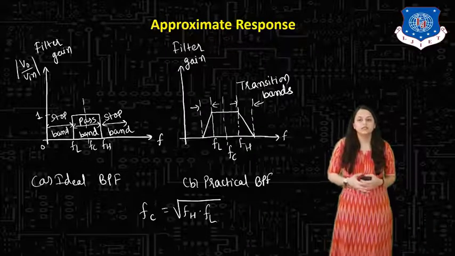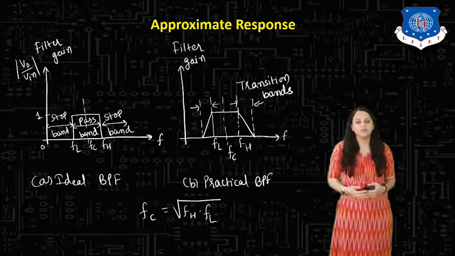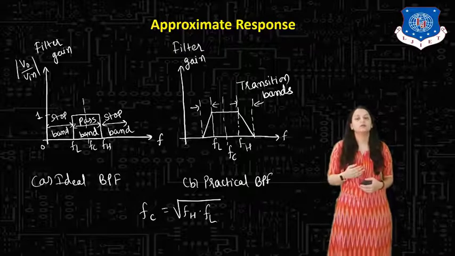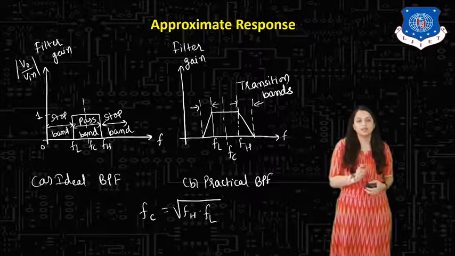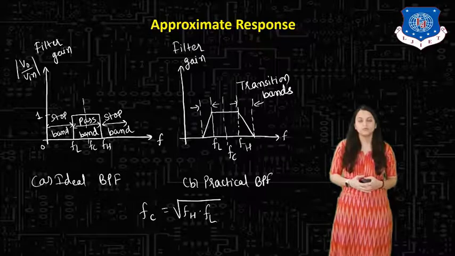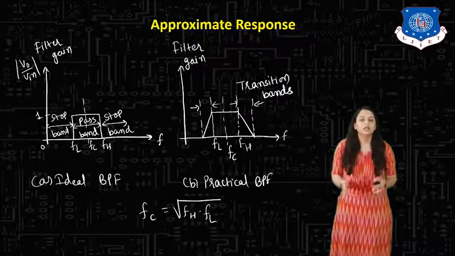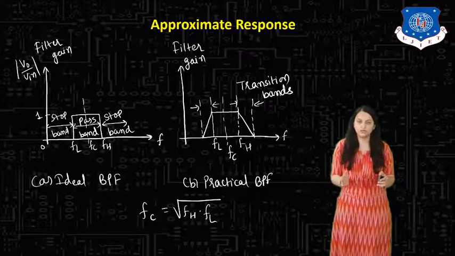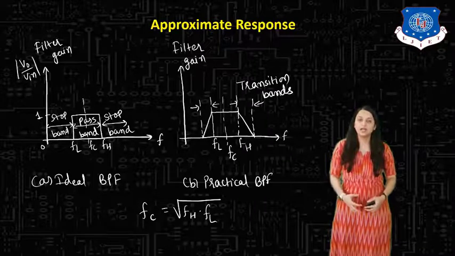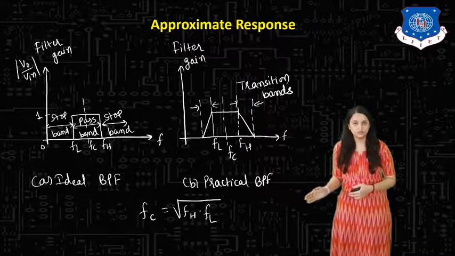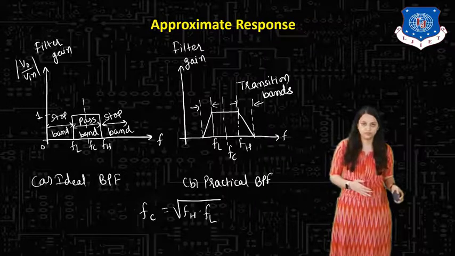Now, let us see the approximate response for the BPF, that is the band pass filter case. This is a band pass filter. It allows the frequency range that falls into some particular range to pass. That means it will have a lower frequency value and a high frequency value.